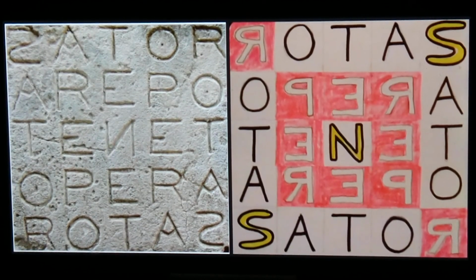The S in Sator, the N in Tenet, and at the bottom, the S in Rotas. And off to the right, you can see basically its mirror image. Now the S, the N, and the S are facing forwards. And there's 10 backwards facing letters at this point.